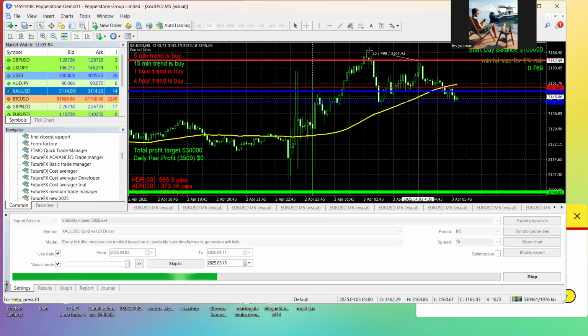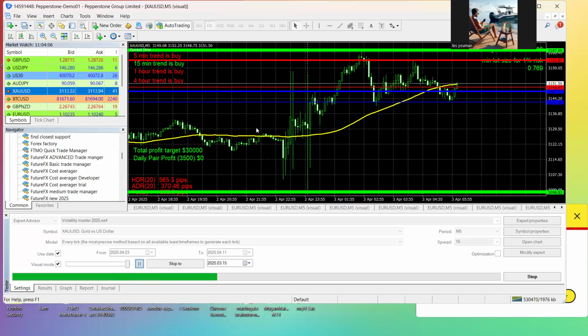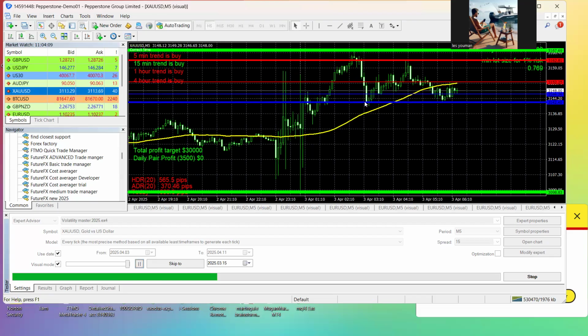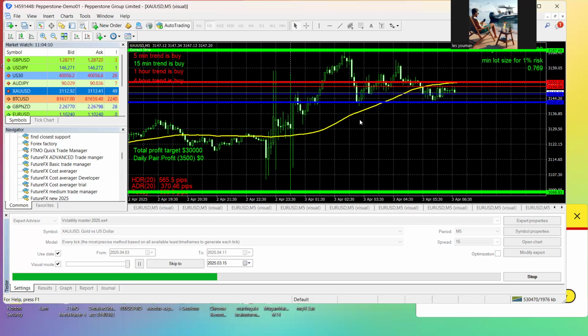If I increased it to 550 pips, then the top of the range would be displayed at the top of this one, not the top of this one. All right, so I'll just let it keep playing out. So that was the other setting I wanted to show that you might want to look at adjusting as well.